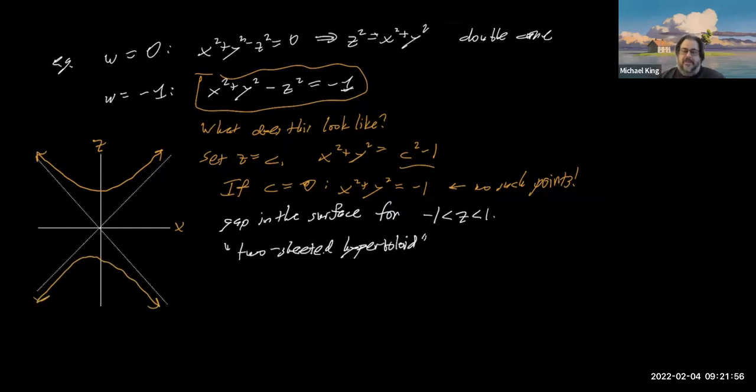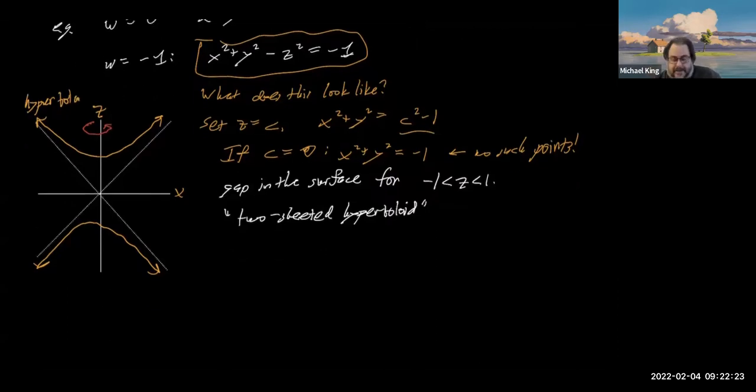If you imagine revolving this around the z-axis, do you see that you get that two-sheeted hyperboloid? Try to imagine spinning it around, and you actually get that. That's why this is called a hyperbola, and when you spin it, it's a hyperboloid.